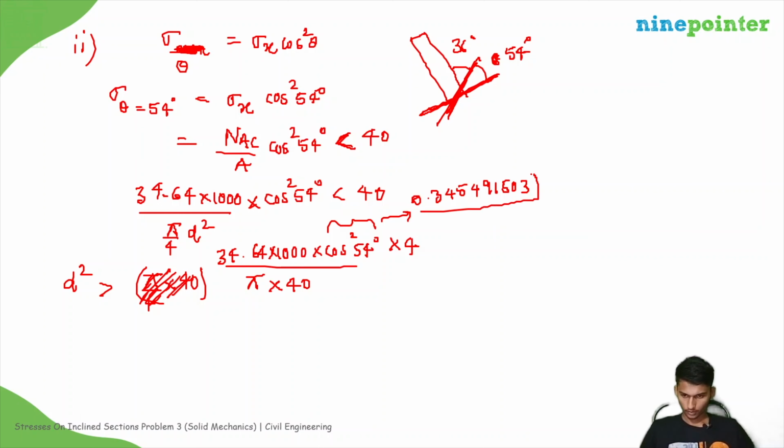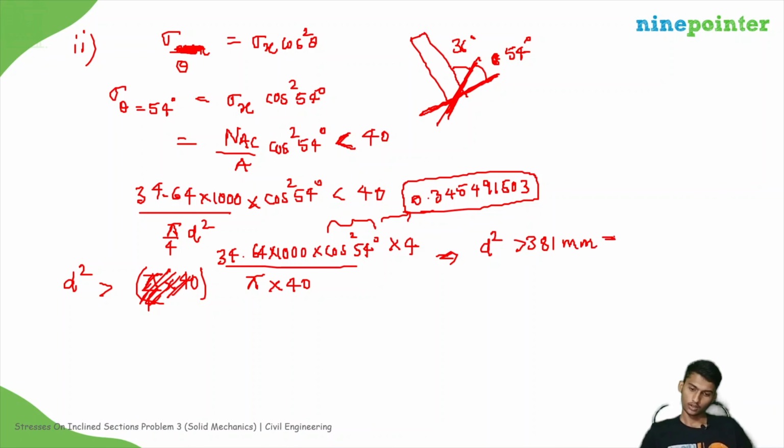So if we calculate 34.64 into 1000 into 0.345491503, divided by 40, divided by pi, that means 3.14, into 4, that is d square greater than 381 mm square.